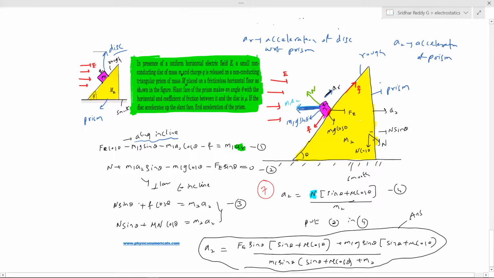So what are the forces acting on the prism? N sin theta plus F cos theta equals M2A2. And in turn, F equals mu N. Substituting this and solving for N from here, then substituting this N here and solving for A2, we'll get the required answer.